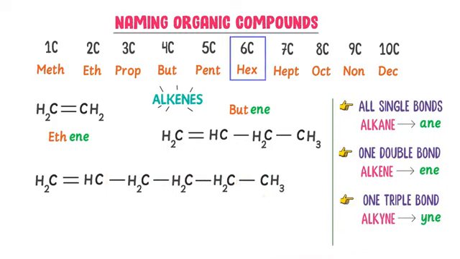There are six carbon atoms present in this molecule, I write hex. Also we know that there is one double bond present in it, I write ene. So I get hexene. Thus by this way, we can easily name alkenes by knowing the number of carbons and double bond present between carbon atoms.